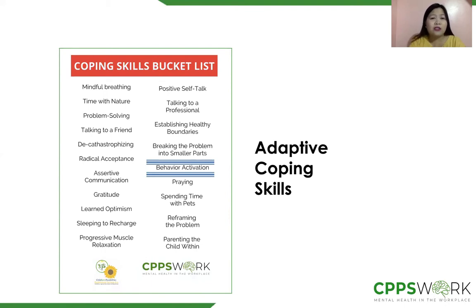So this includes the following: mindful breathing, time with nature, problem solving, talking to a friend, decatastrophizing, radical acceptance, assertive communication, gratitude, learned optimism, sleeping to recharge, progressive muscle relaxation, positive self-talk, talking to a professional, establishing healthy boundaries, breaking the problem into smaller parts, praying, spending time with pets, reframing the problem, and parenting the child within.